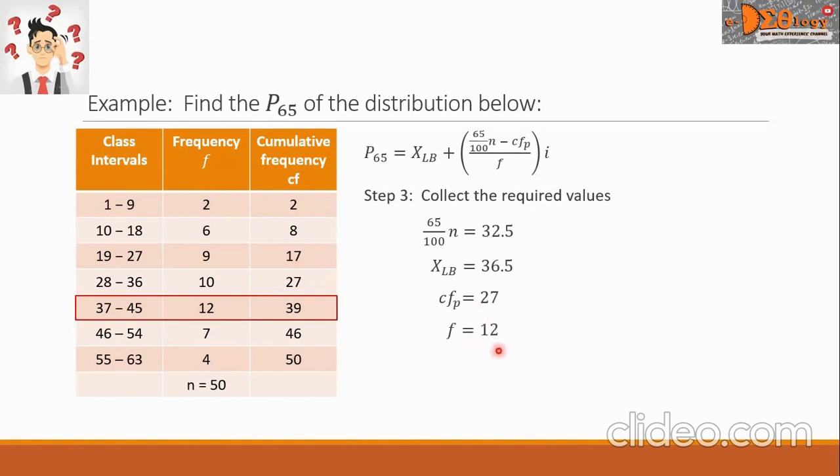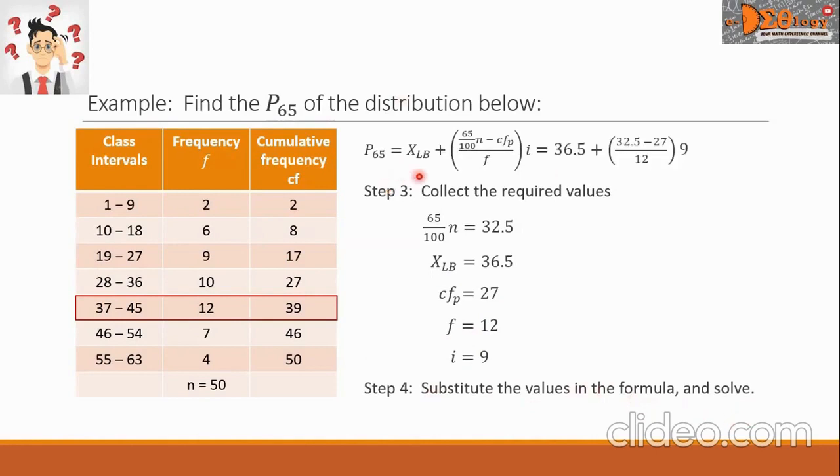F equals 12. That is the frequency of the P sub 65 class. I is the class width. It is the number of terms or numbers inside a class. For step 4, let us substitute the values in the formula and solve.